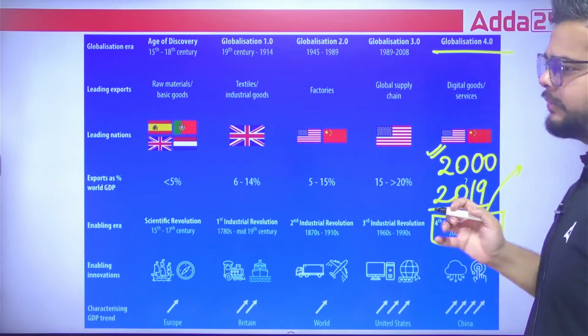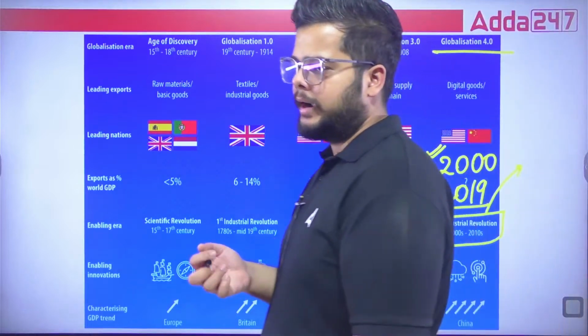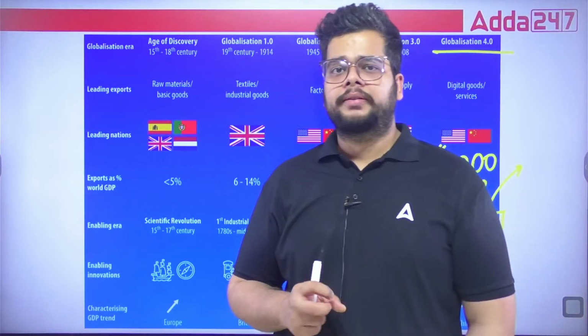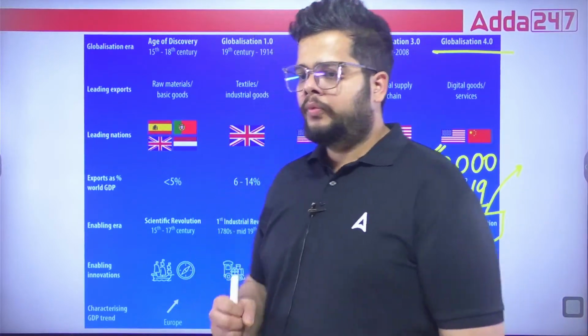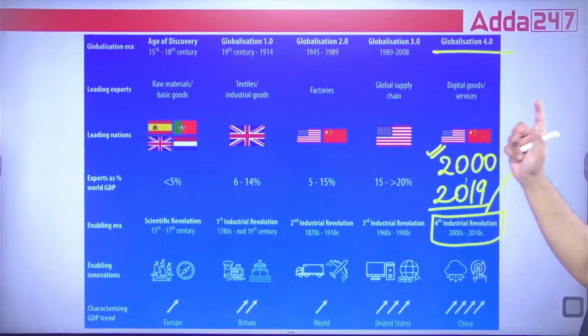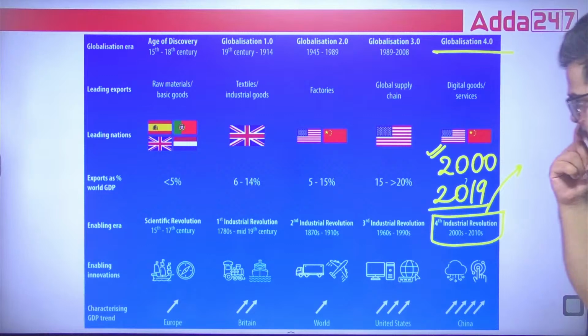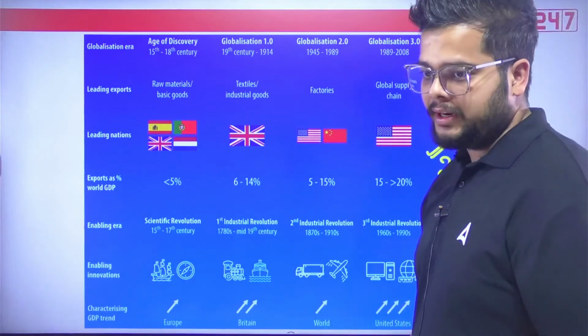After 2019, since COVID happened and the global economic downturn, or slowdown, started, we cannot pinpoint that globalization 4.0 is happening right now. More or less we are moving towards globalization 5.0. So this is the additional information which you must gather from this particular chart.